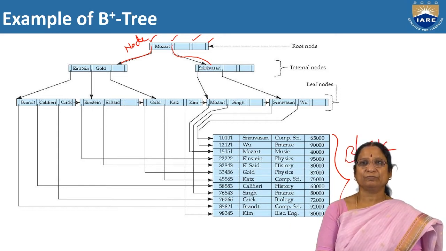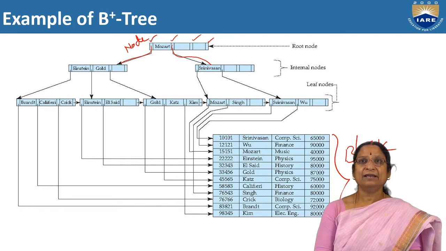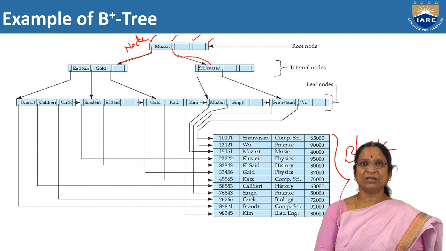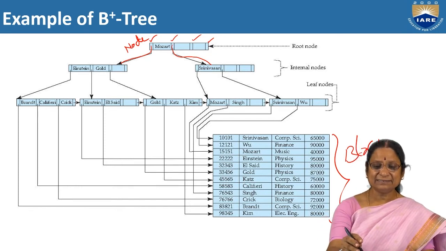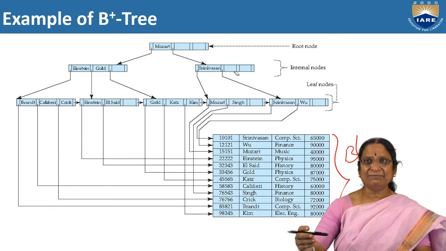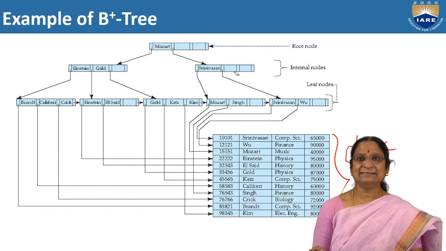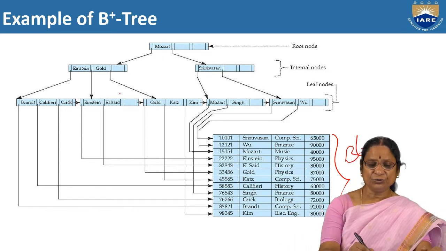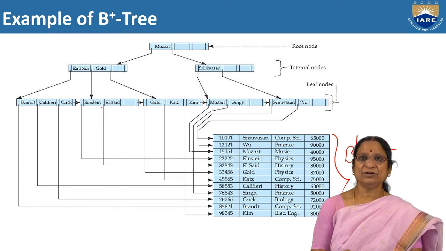Similarly, there are binary, ternary or n-way trees. Similar to that only here. Here B stands for balanced, so that means the tree will be balanced. Balancing means that from the root to a leaf node, the length of the path will be the same for any leaf node.